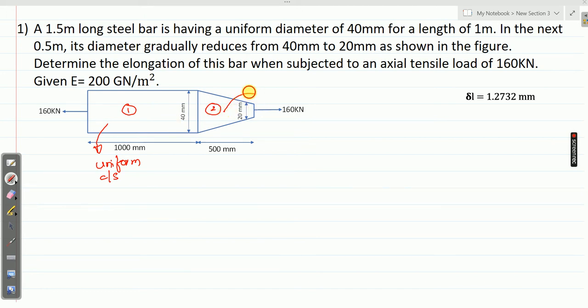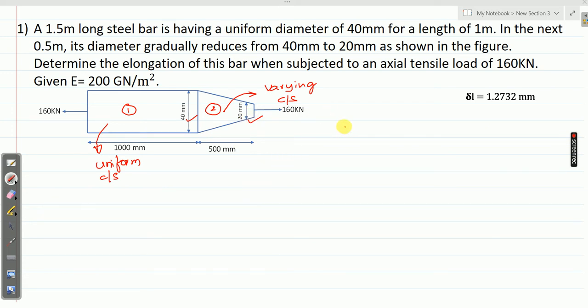Whereas in this second section, the cross section is varying, a uniformly varying cross section. Here the bigger diameter is 40 millimeter, whereas the smaller diameter is 20 millimeter.